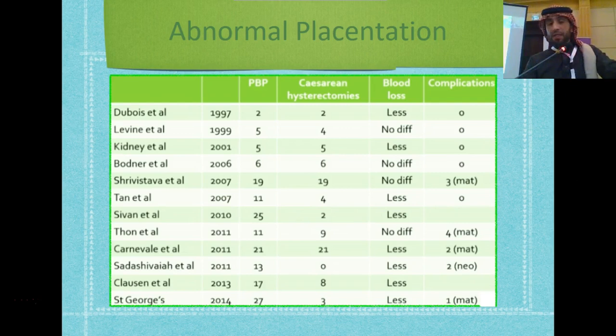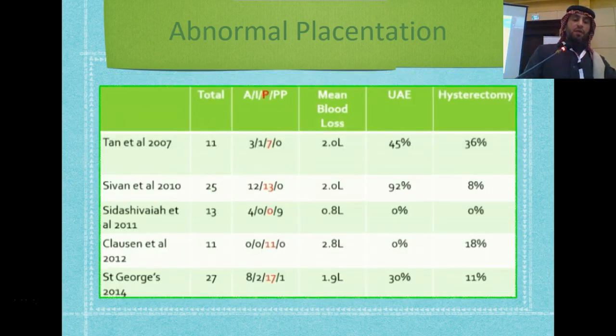This is a busy slide, but it shows studies where internal iliac artery ballooning and hysterectomy were used at the same time. Even some of the studies show less blood loss in cases of hysterectomy for abnormal placentation with a previa.